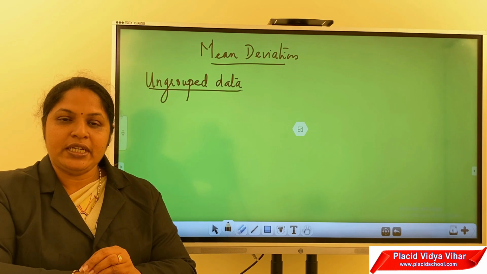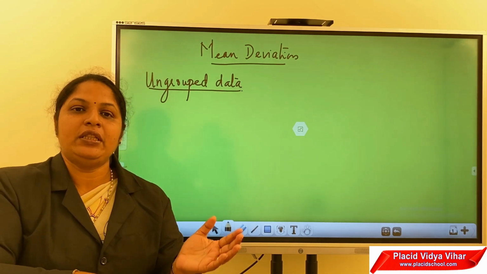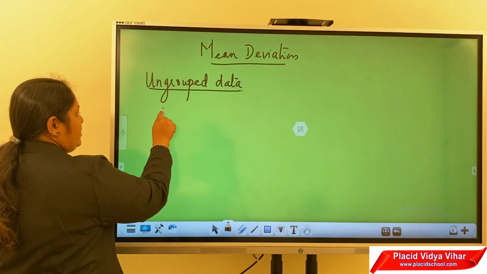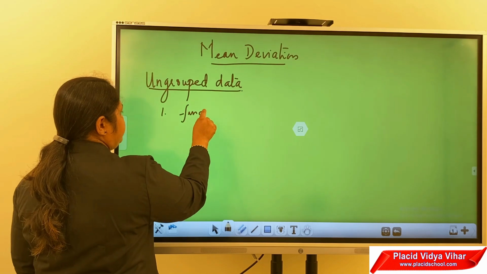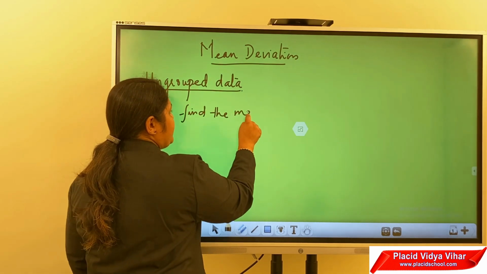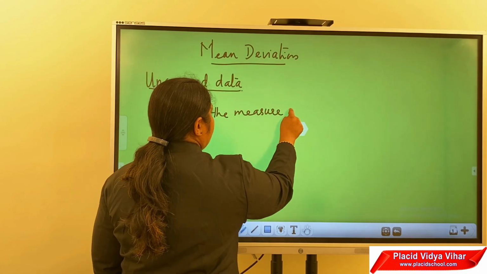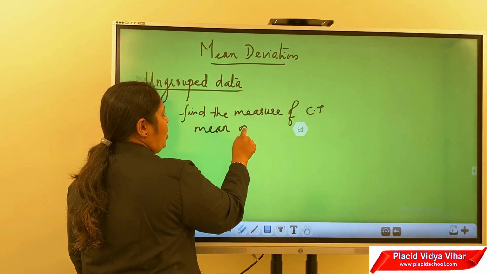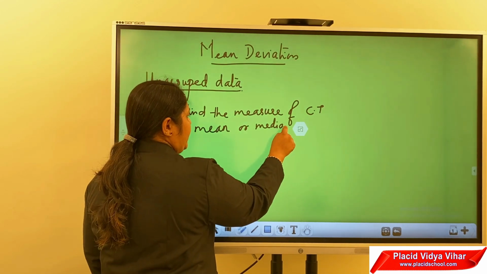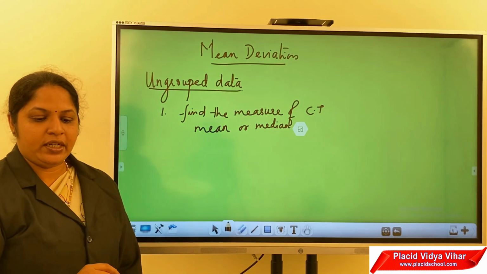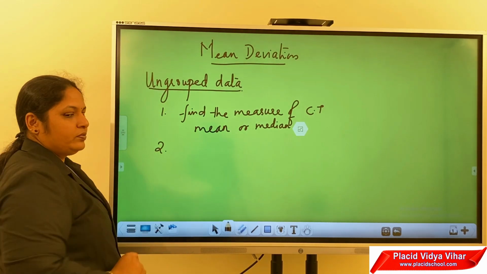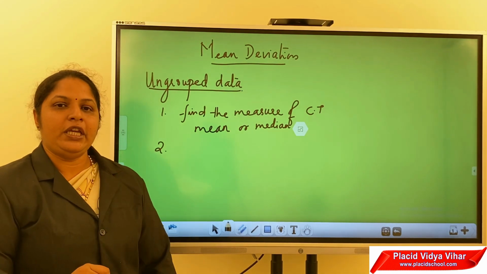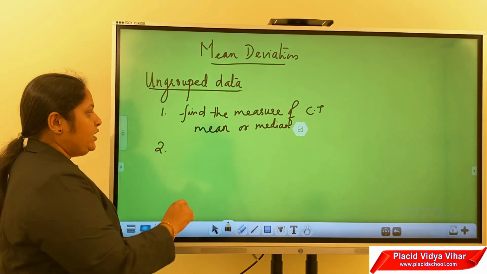The measure of central tendency to be found can be either mean or median, depending on the question. Now step 2: take the deviation of each and every observation from this mean or median. So find the deviation.